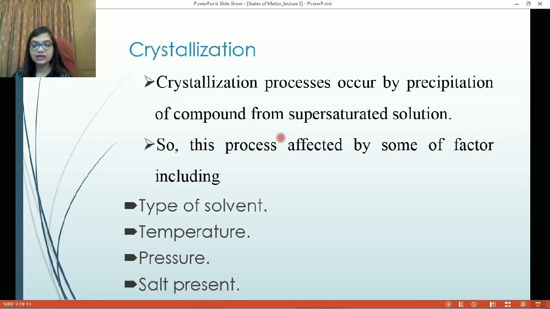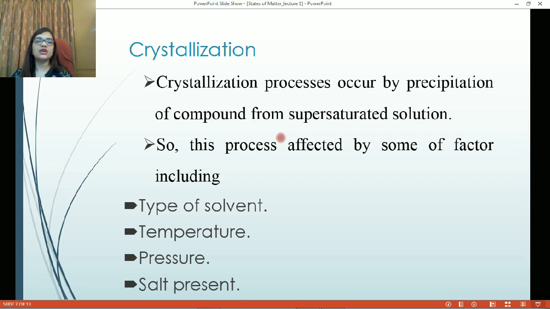Now, this crystallization is affected by a list of factors, that is, the type of solvent that you are using. If you are using water, the crystallization will change. If for the same solid you are using alcohol, the crystallization is going to change. The temperature at which you are heating the liquid and the temperature at which you are cooling down the same liquid are going to affect it. The pressure at which the entire procedure is carried out will affect the crystallization process and the crystal yield, that is, how many crystals you are actually taking out from that solution.